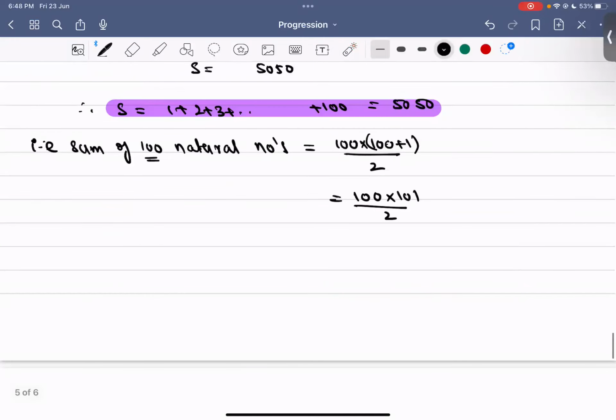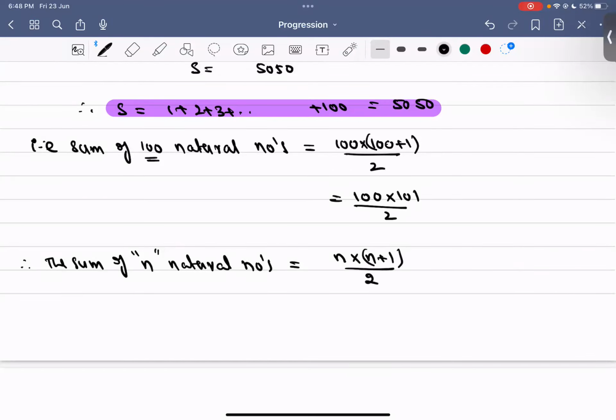Now, the general formula: the sum of n natural numbers is equal to n into the next number, n plus 1, by 2. So this is the formula.